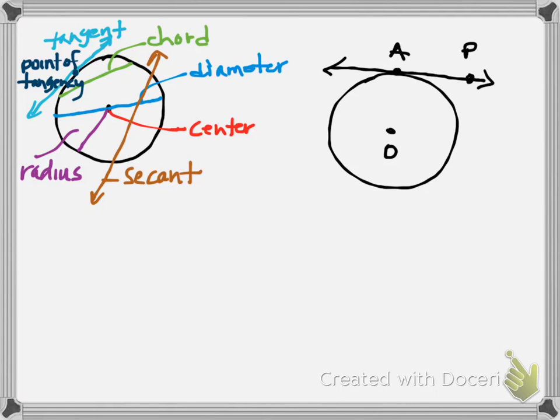Okay. So from that one diagram, we can write a couple different statements. Number one, line AP is tangent to circle O. Remember, the symbol has the dot inside for the center because we need to distinguish the symbol for the object versus the name of the object.